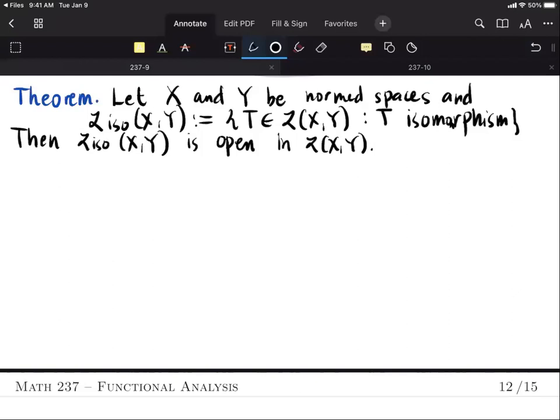So linear, bounded, and bijective. Then this set is open in the space of bounded linear operators from X into Y.